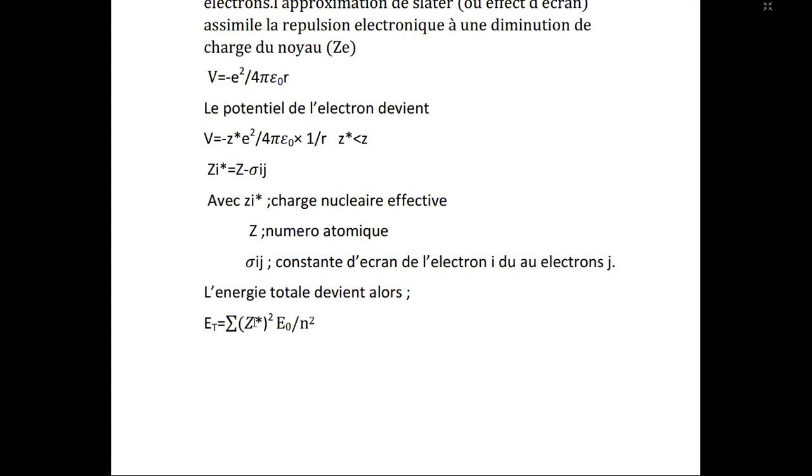So for you to calculate energy, first you have to go through the formula and approximation, the Slater rules, where you calculate the effective charge first. After calculating the effective charge, you just replace it where Z squared is. So your answer which you have found, you just square it, times E0 over n squared.